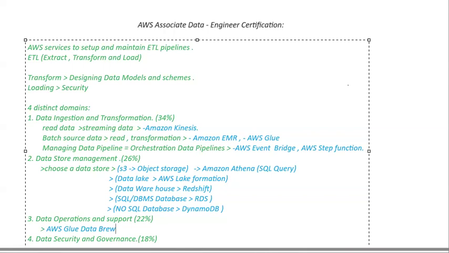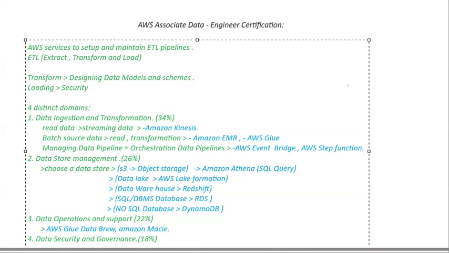Now, for identifying potentially sensitive data, if you want to identify potentially sensitive data which is present in S3, then what is the service that you use? You use Amazon Macie.